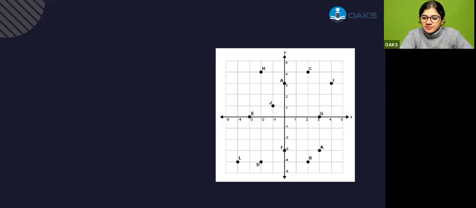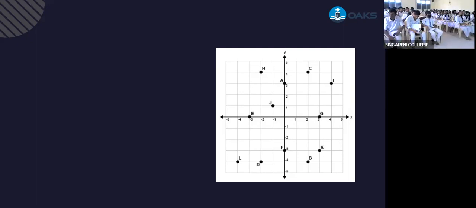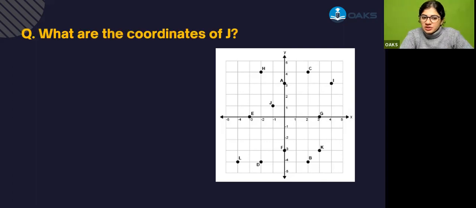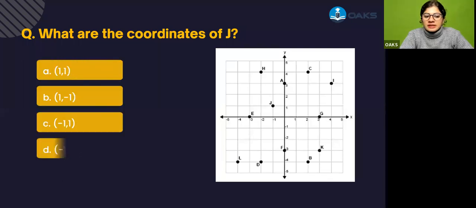So I'll be showing you the question. Everybody quiet. So I cannot see the boy actually. Yes, I can see him. So this is your question. What are the coordinates of J? You have to tell me.